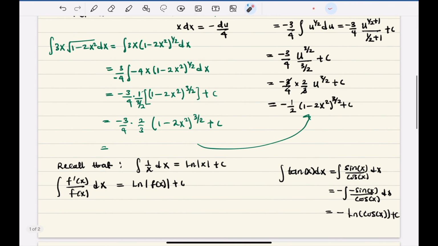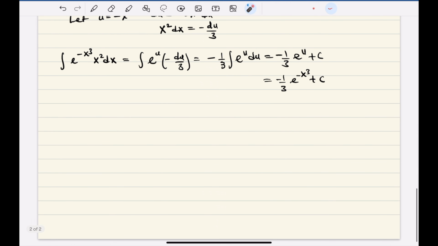All right, so let's look at an example of an integral where you can use U-substitution: the integral of x times e raised to the power negative x to the power of 4 dx.